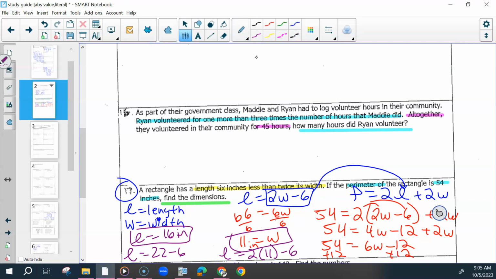So because Ryan's hours are based on Maddie's hours, we can set up a variable for Maddie's hours and then go back and find Ryan's. I'm sorry, we need both, R and M. So I can say Ryan's hours and Maddie's hours.